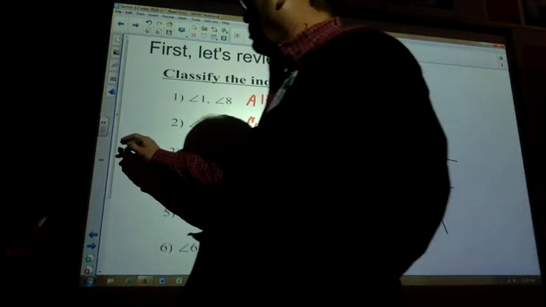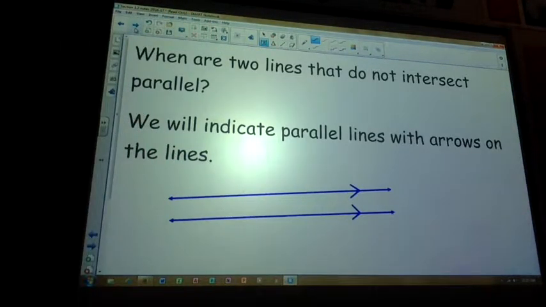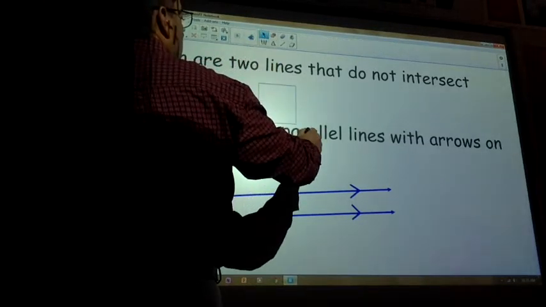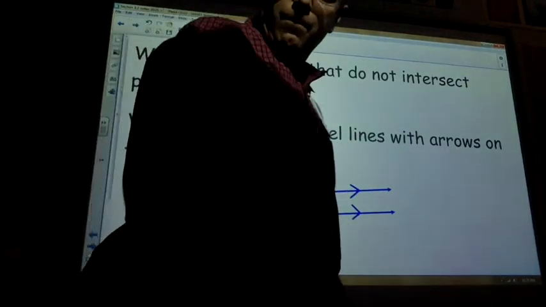So I don't think there's anything more on this page. Good. When are two lines that do not intersect parallel? We will indicate parallel lines with the arrows. Okay, so is there an answer there?